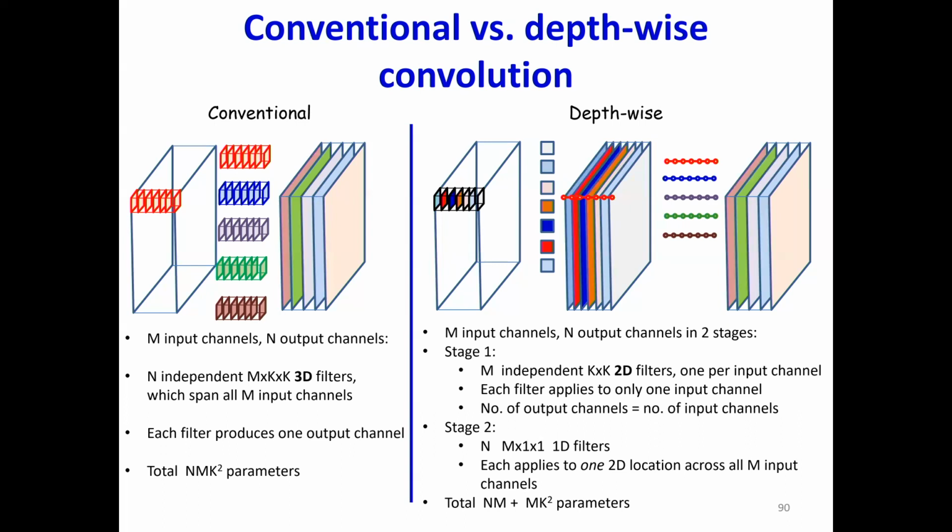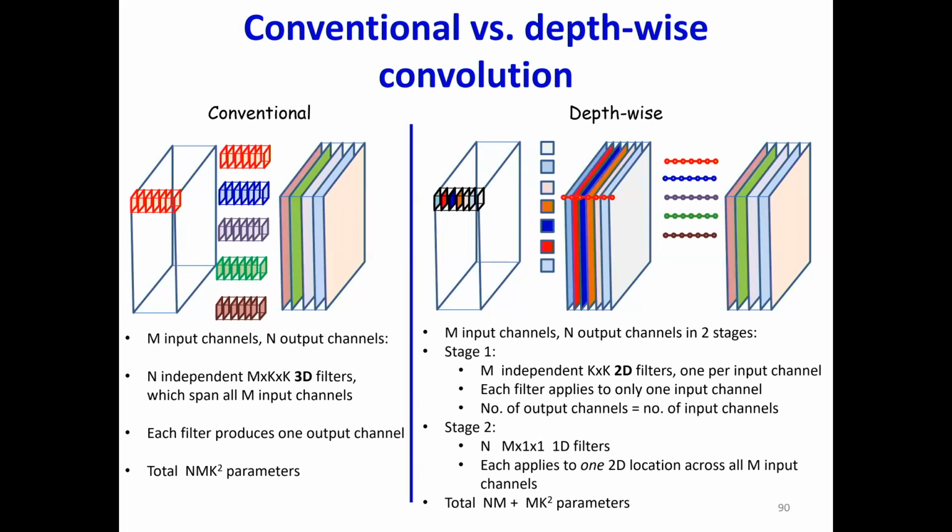If I do this depth-wise instead, I have one set of k cross k parameters per channel, so it's m times k cross k, that's mk squared. And then after they're formed, I'm going to be collapsing these m channels into n different outputs. So I need m times n weights. And so the total number of parameters is nmk squared versus mk squared plus m times n. That's going to be orders of magnitude smaller.